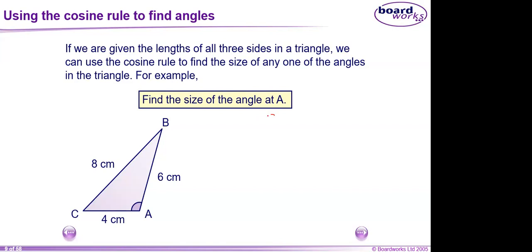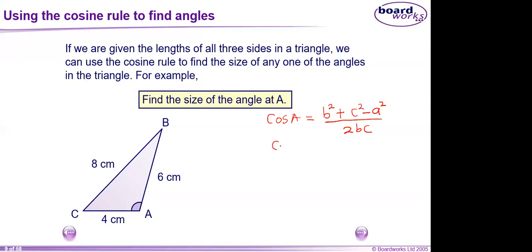So what did we say? Our cos A is the same as, which expression did we have? B squared plus C squared minus A squared, divided by 2BC. Very good.